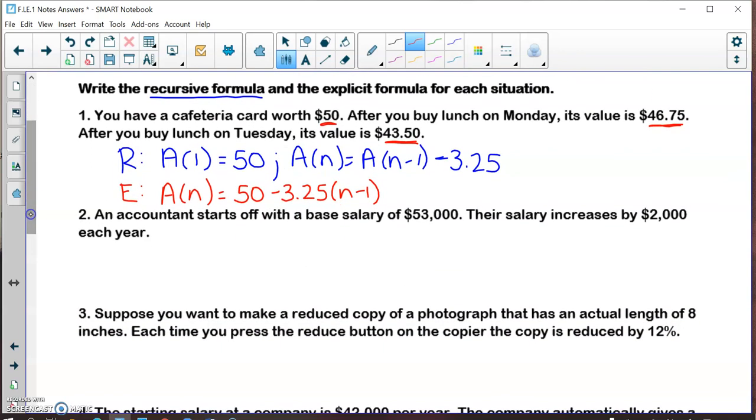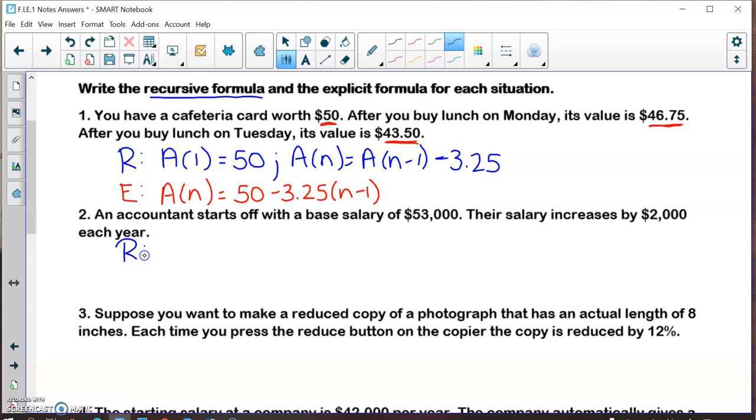Moving on to the next problem. An accountant starts off with a base salary of $53,000. Their salary increases by $2,000 each year. So what's happening is we're adding $2,000 to our salary every year. So this would also be an arithmetic sequence.